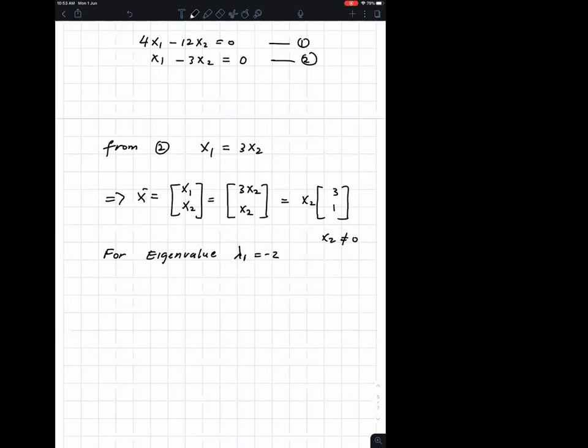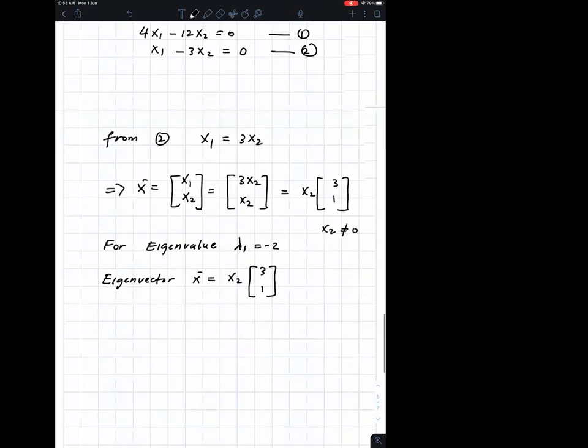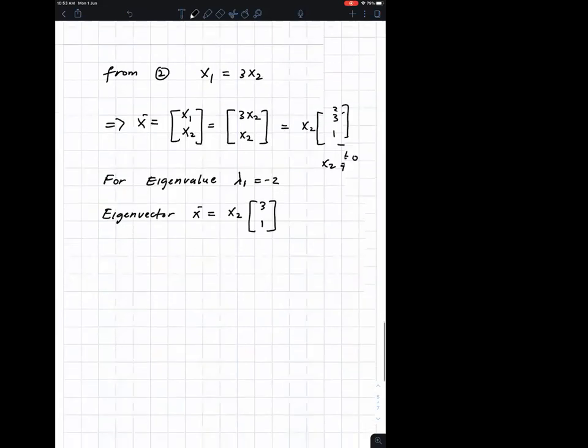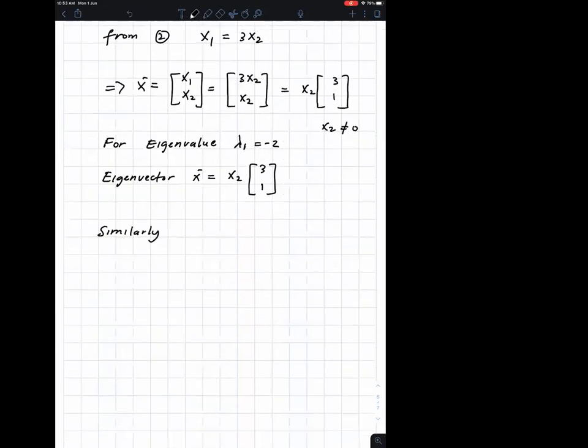For eigenvalue lambda 1 equal to -2, the eigenvector x bar is equal to x2 times (3, 1). Similarly, at lambda equal to -1, you can derive a corresponding eigenvector.